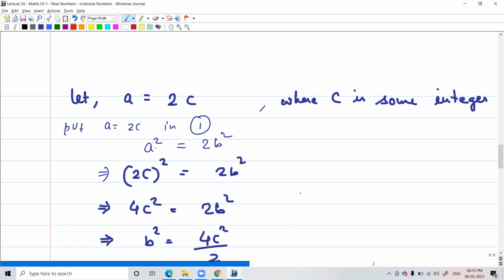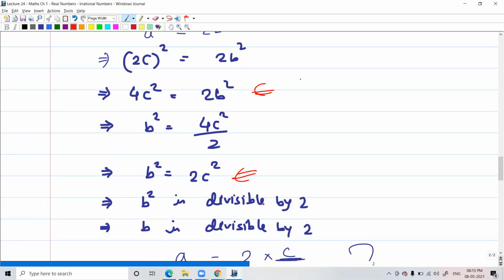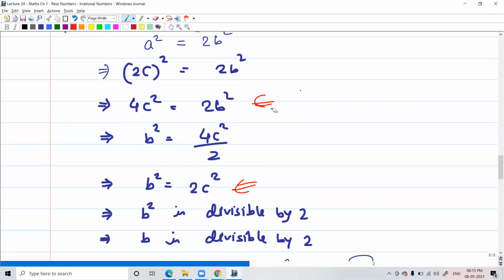In place of a, I have put 2c, so it will become 4c square is equal to 2b square. Here also you try to find the value of b square. Move the 2 to the other side, 4c square by 2, and you should get b square is equal to 2c square. Tell me if you understand how this calculation goes up to this step.